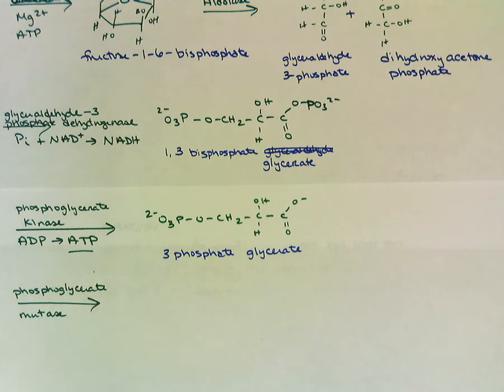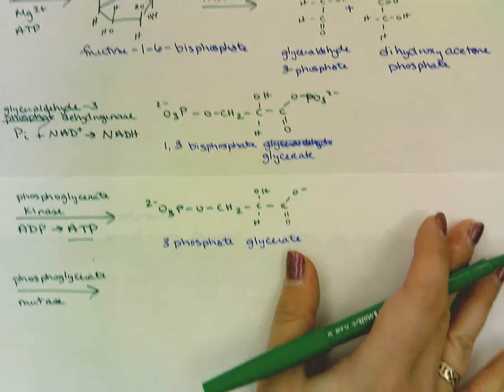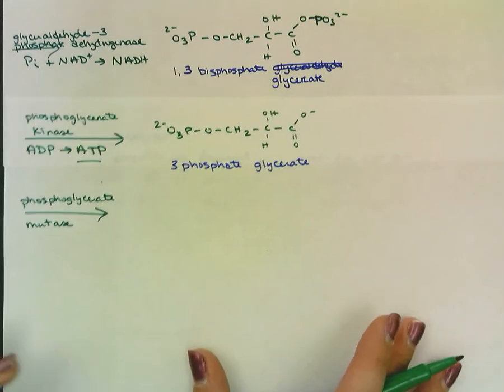All right, the next enzyme is going to be phosphoglycerate mutase, which, as its name implies, is going to just mutate it. It's going to just reorganize where all the atoms are.